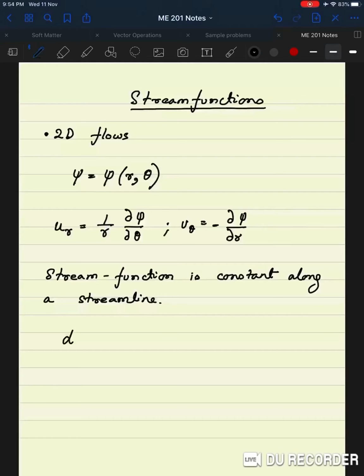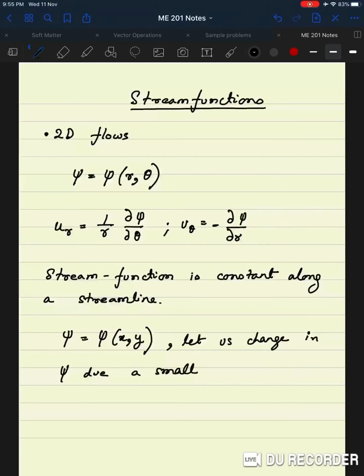So we are going to consider the Cartesian coordinate system, so we will just write psi equal to psi(x, y). And let us consider the change in psi due to a small displacement dx, dy.